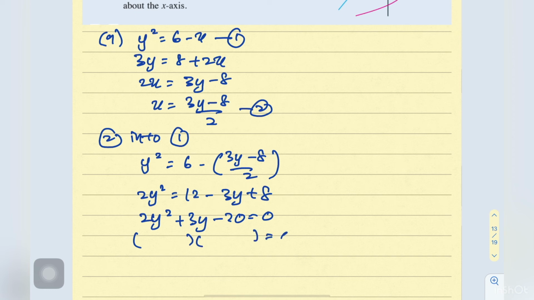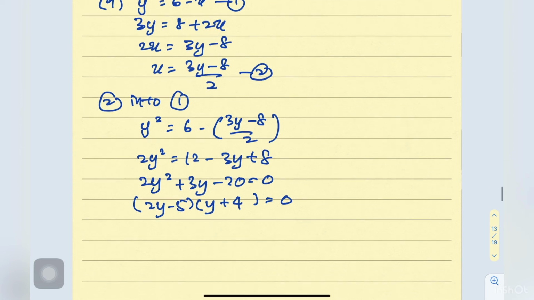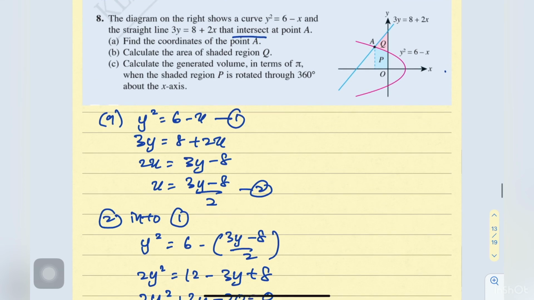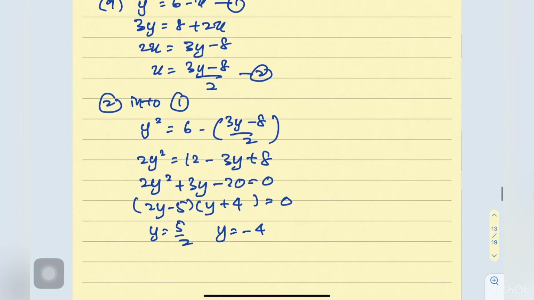Then we try to factorize this, which becomes minus 5 plus 4. So y equals 5 over 2, y equals negative 4. Since from the diagram the y of coordinate A is positive, we choose y equals 5 over 2.